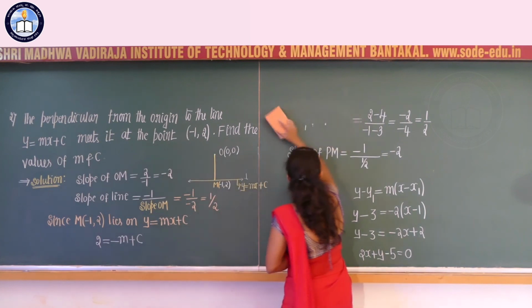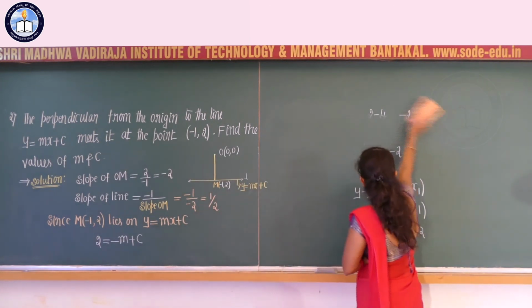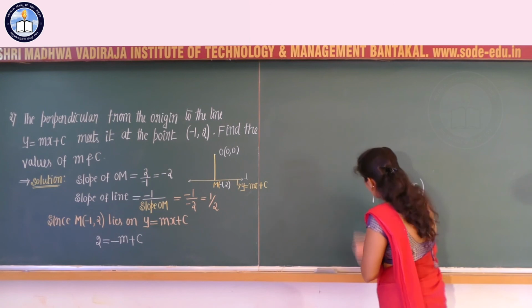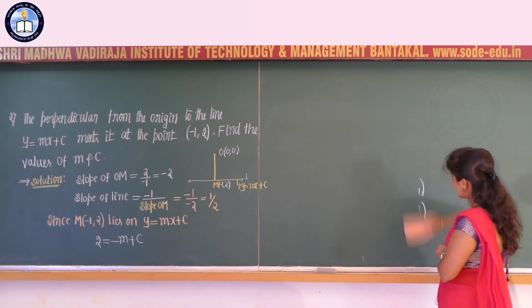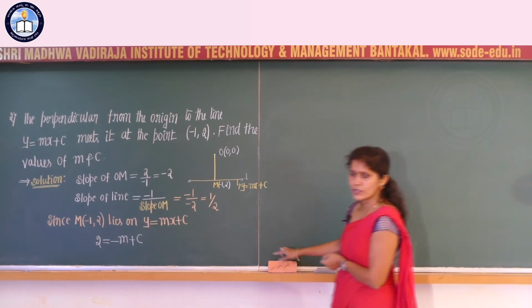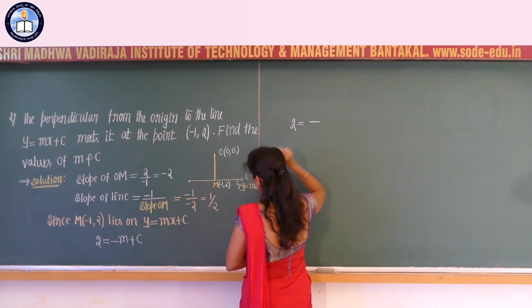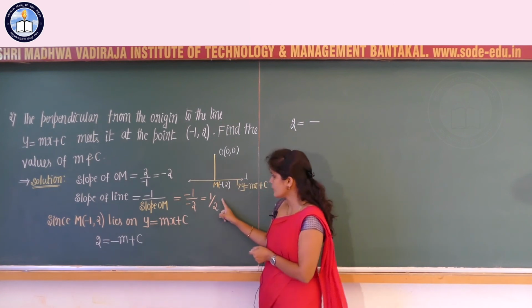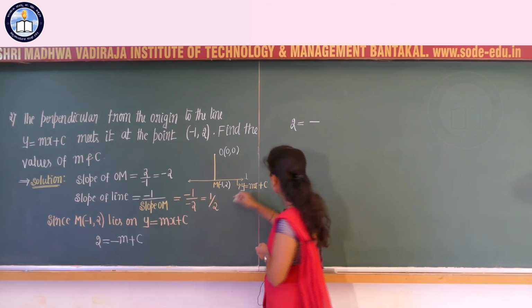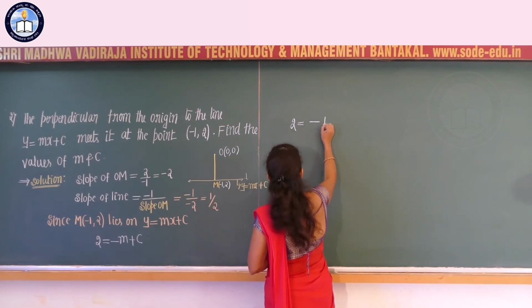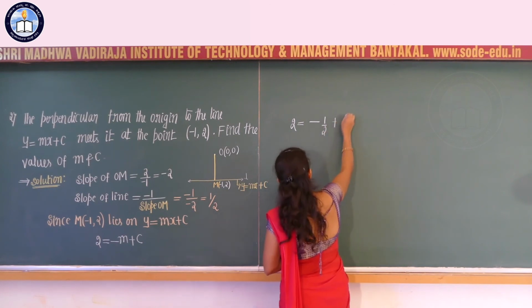And here, by using the value of m, we can get the value of c also. So what is the value of c? That is 2 is equal to minus of the m value. What is the slope of the line? The slope of the line is nothing but 1 by 2, plus the constant c.